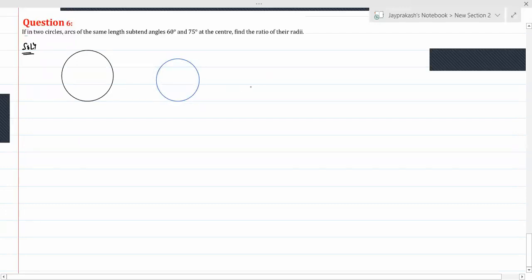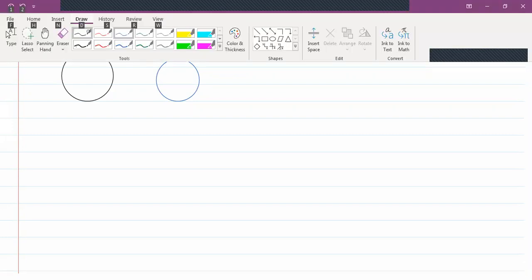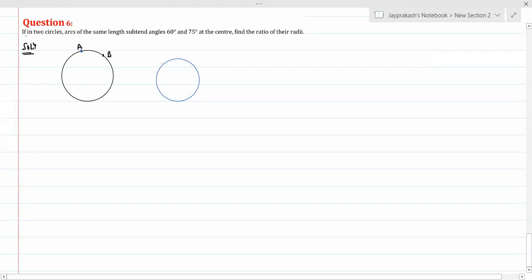Find the ratio of their radius. Now see here, why is it saying the length of arc is equal? Suppose this is the bigger circle, so the length we will take from this side to here. Now in the smaller one, the length will look a little bigger to you.